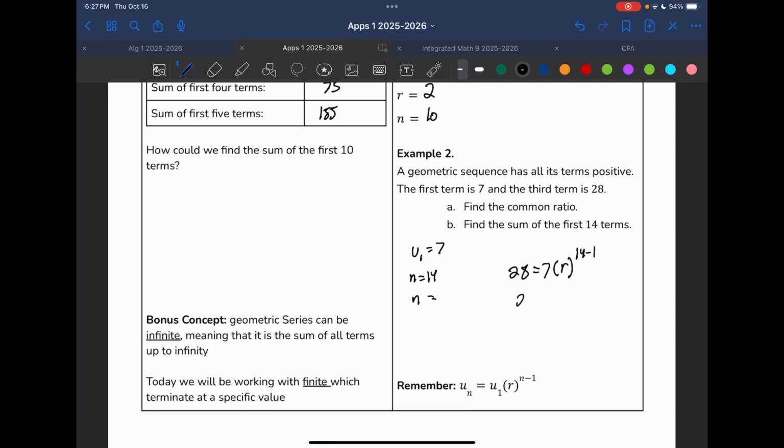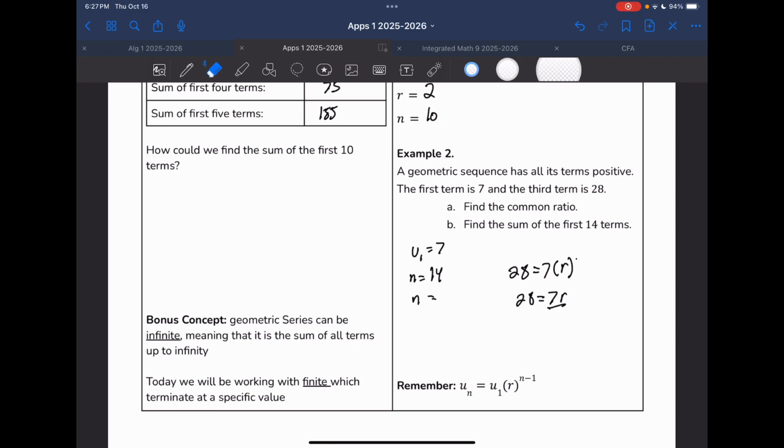So that means 28 is equal to 7 times r to the 13th power. We divide... where did 14 come from? Oh, I see. Nope, so here n is not 14.